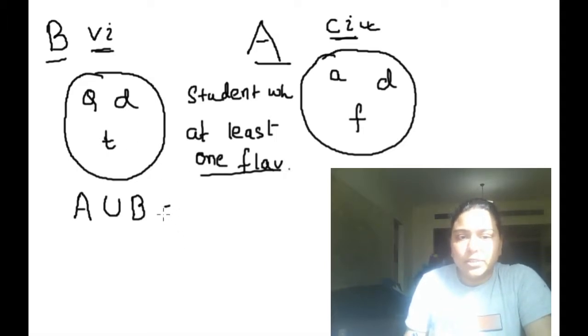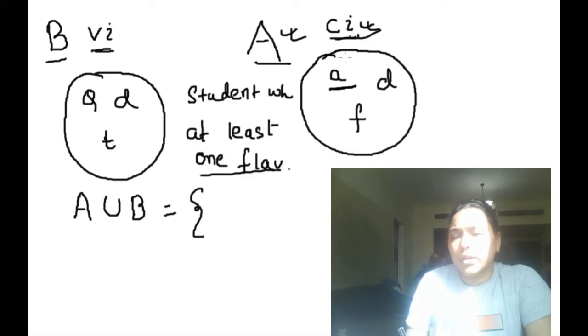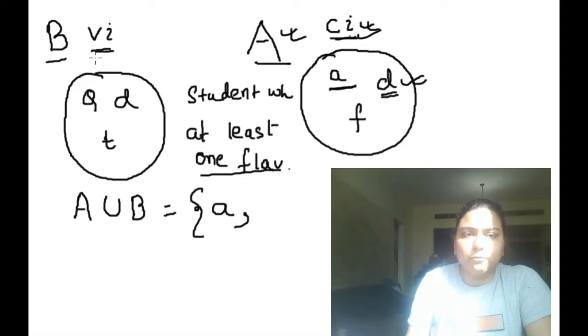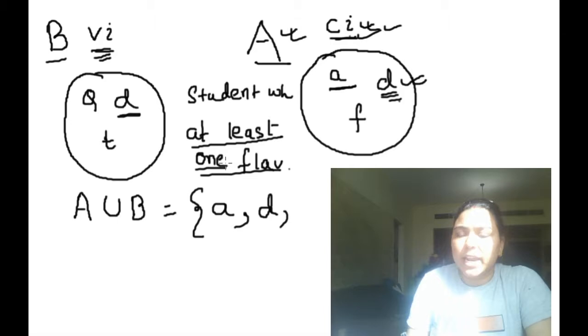So let's start with set A. Student A likes chocolate ice cream, so we will write A here. Student D likes both flavors, vanilla and chocolate ice cream. D is here also and here also. Our condition is at least one, so it can be more than one.